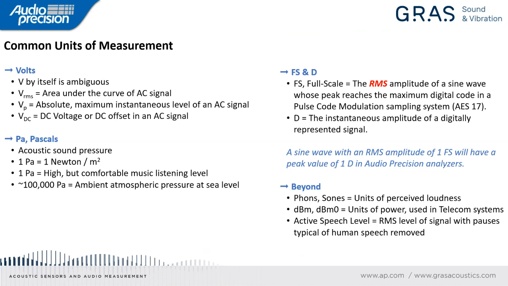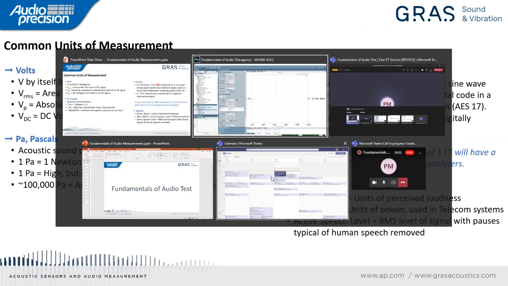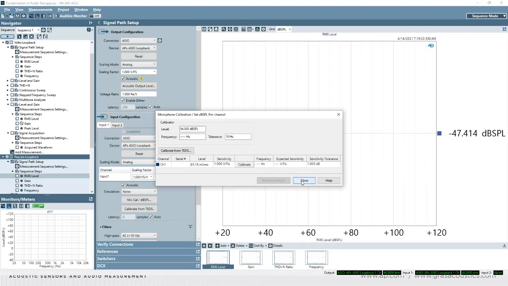FS is the RMS amplitude of a sine wave whose peak reaches the maximum digital code in a pulse code modulation sampling system. So let me just show you what I mean by that.